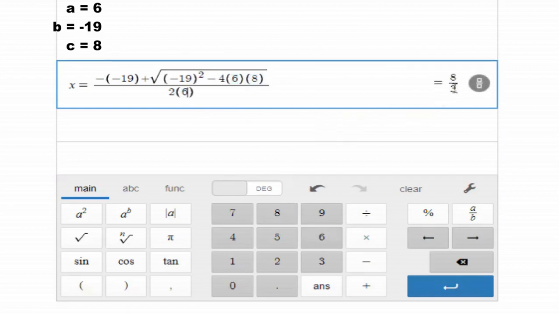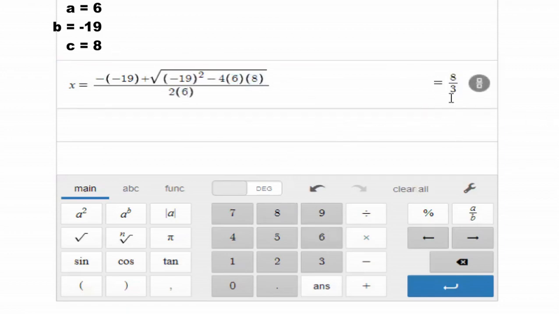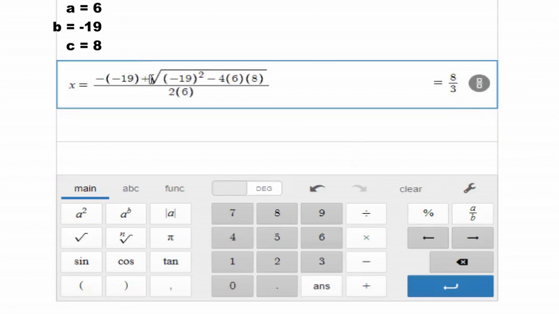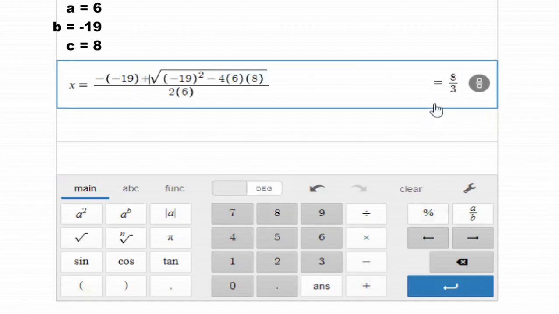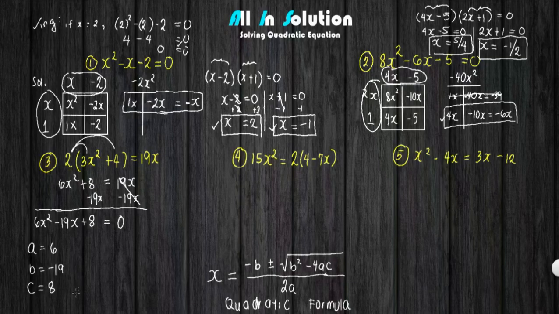Okay, for the first solution, the positive sign, we have 8 over 3. Okay, ngayon kapag ka negative sign naman ang ginamit natin, ang lalabas ay 1/2. Once again, yung first solution natin ay 8 over 3 kasi naka-positive sign siya. Ngayon kapag ka naka-negative sign siya, 1/2 naman.